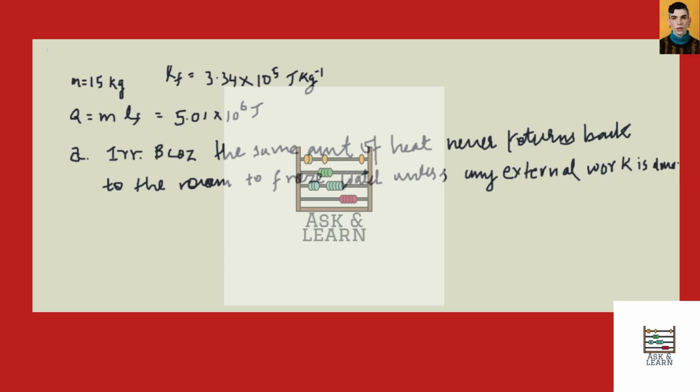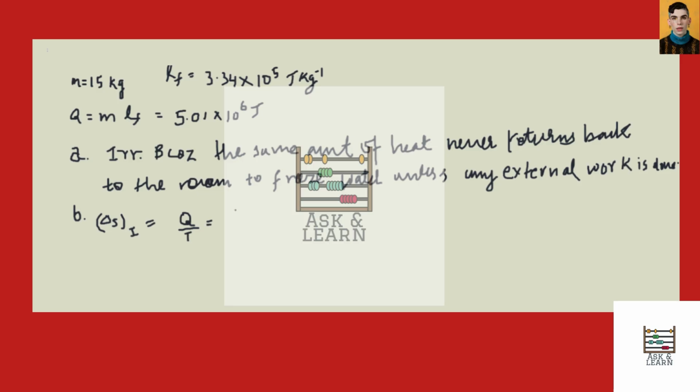Now the next question asks, calculate the net entropy change of a system during the process. So the entropy is changed in both ice and room. For ice, the change in entropy, del S for ice, is equal to the heat supplied to the ice upon the temperature of the ice system.